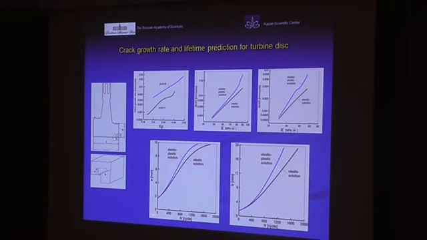That is the crack length as a function of number of cycles of loading. You see that the difference between elastic and elastic plastic solutions on the basis of plastic stress intensity factor increases with increasing number of cycles of loading, or with increasing plastic zone size at the crack tip.